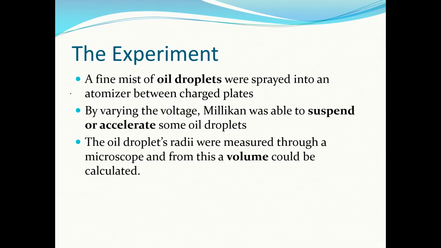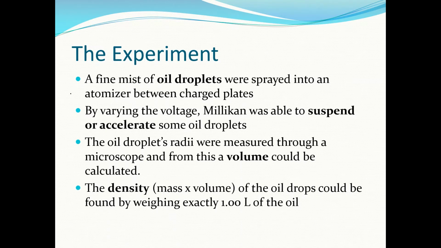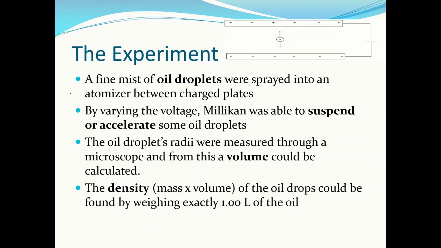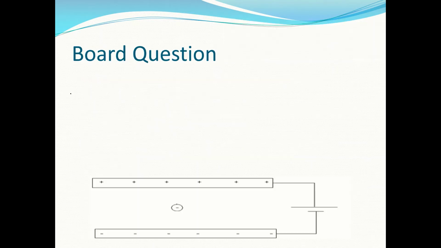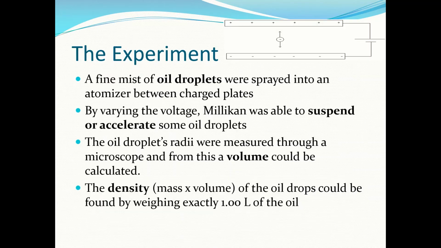The oil droplet radii were measured through a microscope, and he could get a volume. He knew the density of the oil, so he could figure out the exact weight of them. We would never have to do that or anything like that. That's not in the curriculum. Okay. So that was his experiment.